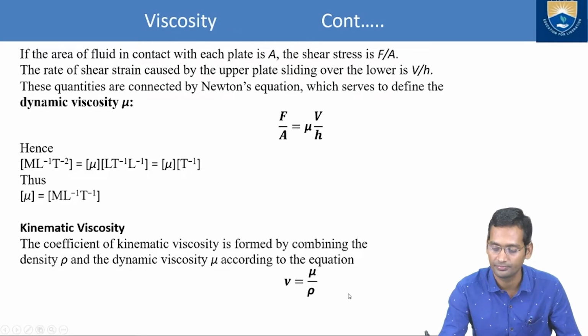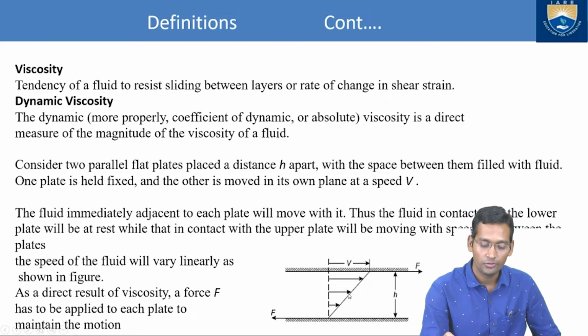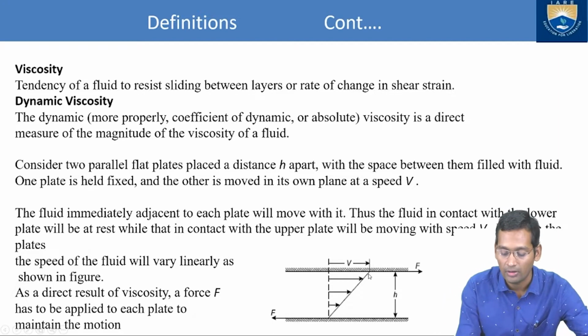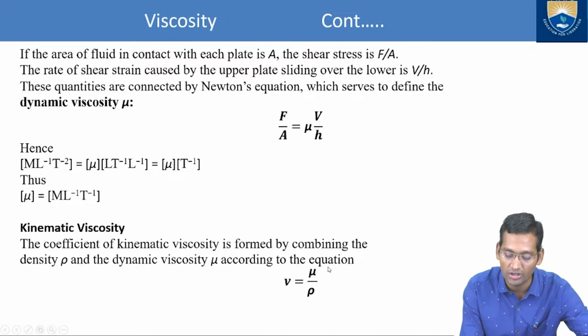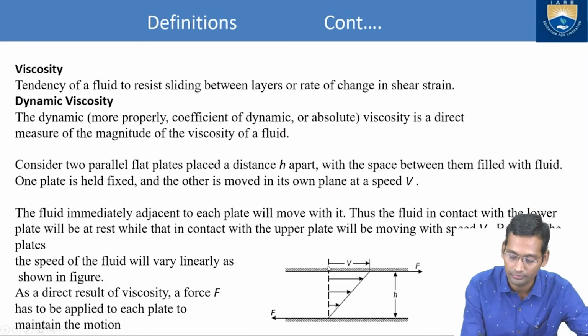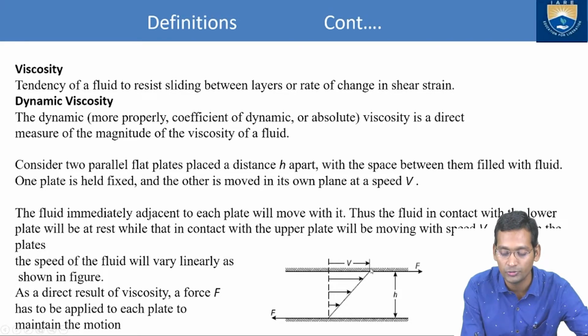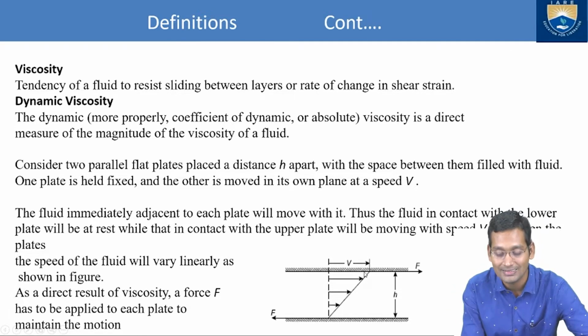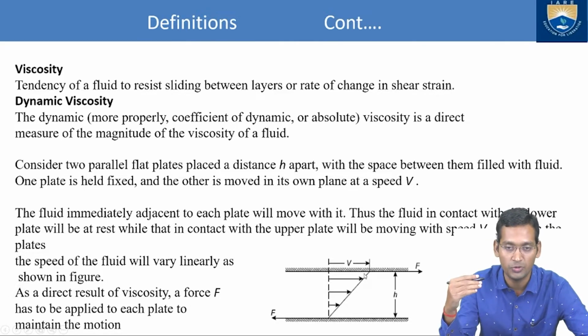Comparing this point and this point, this fluid molecule moves from here to here, but this one is still here. This is just because of viscosity. The closer to the surface, the more it will resist; the farther from the surface, the more easily it will move.